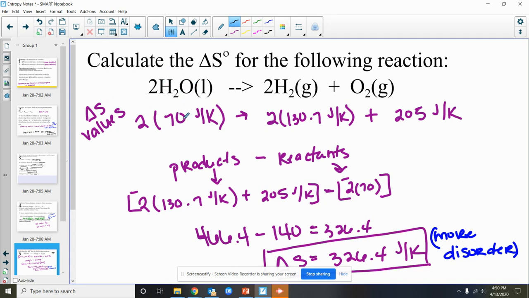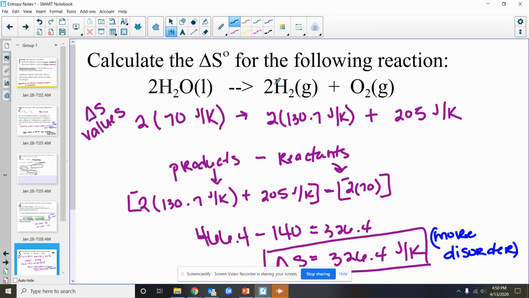Water in liquid form is 70 joules per Kelvin mole, and I multiply that by 2 because I have 2 moles. H2 has a value of 130.7 joules per Kelvin mole, and I have 2 moles of that, so I multiply that by 2. And oxygen has a value of 205 joules per Kelvin mole.